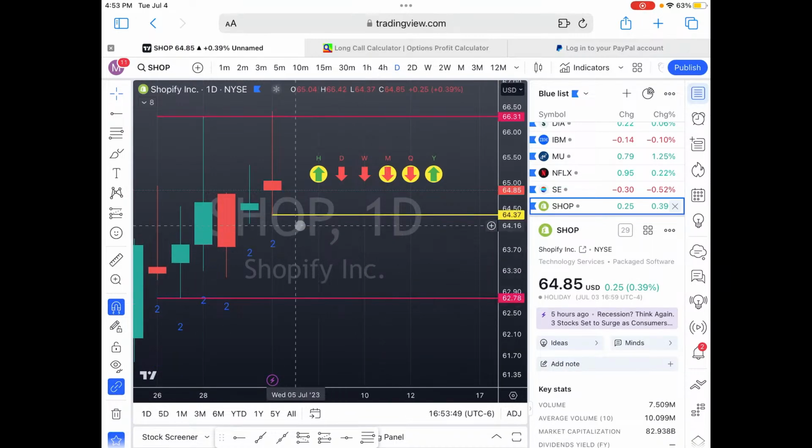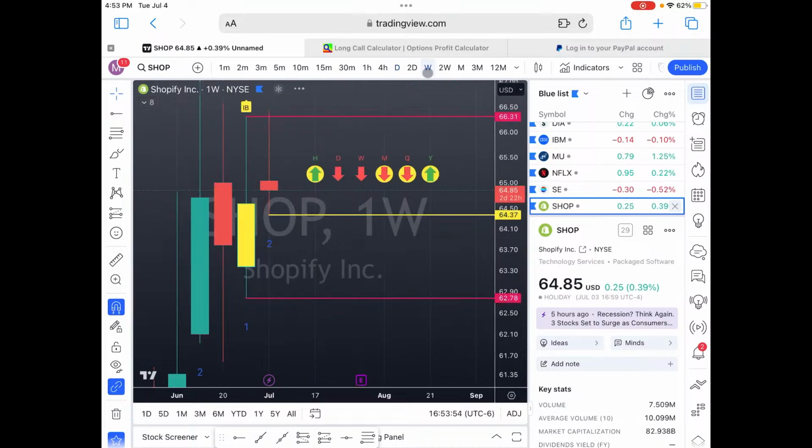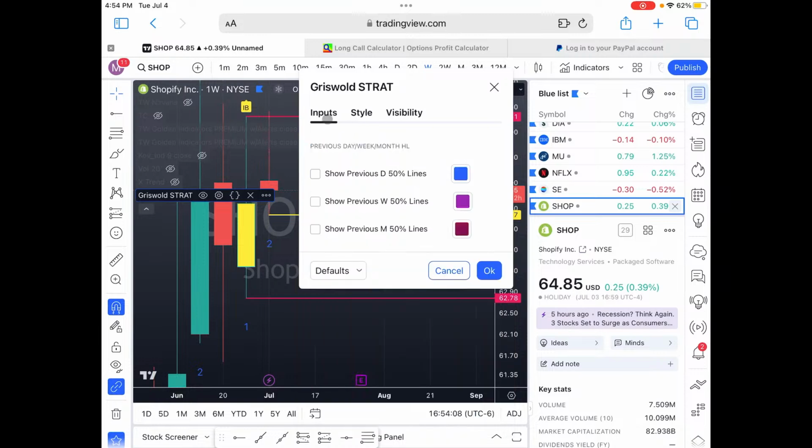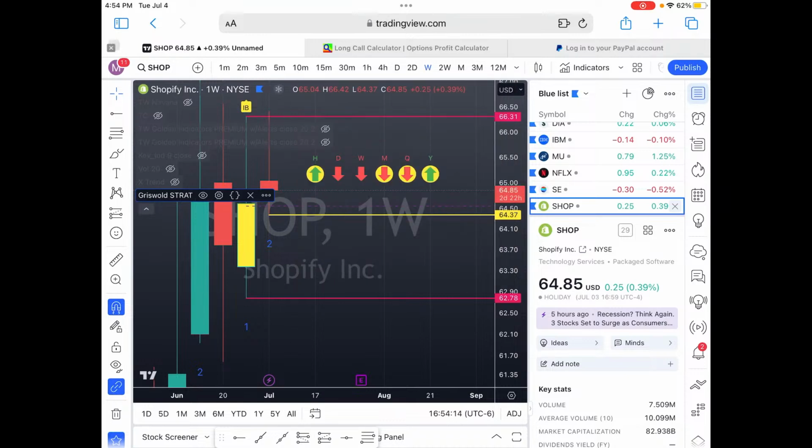We go into Shopify. This weekly candle is not right. Oh, it is right. Okay, so we'll talk about that in the weekly. But we've already trended up, 2-up on the week. And I'll show you something here that we have as part of the Griswold Strat indicator. If I go into settings, I go into inputs, I can put in the weekly 50% marker. That's that purple line that you guys see there.